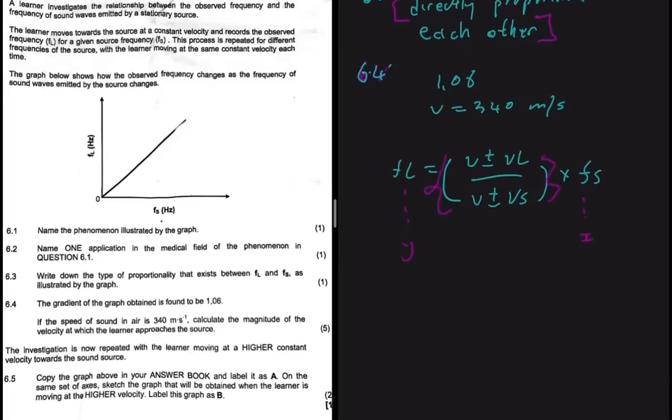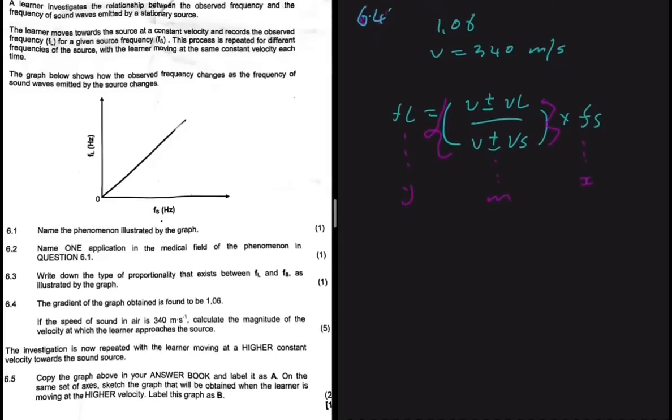Just like you guessed, it will be our M, right? So we can take that expression and equate it to 1.06 because that's the gradient. So what are we saying? We're saying that V plus or minus VL divided by V plus or minus VS should be equal to 1.06, right? It's not me, it's the question.